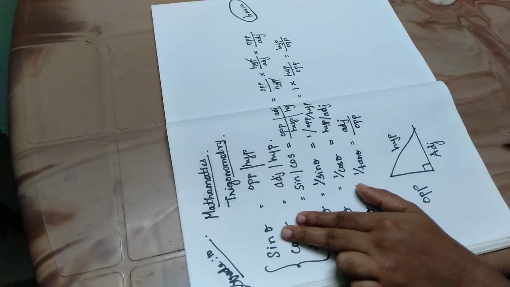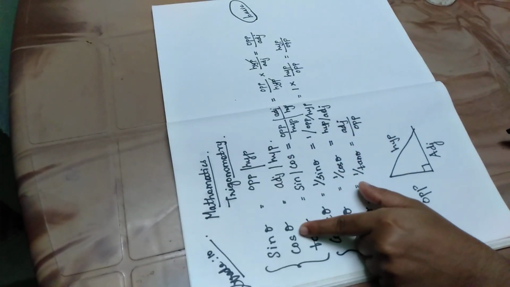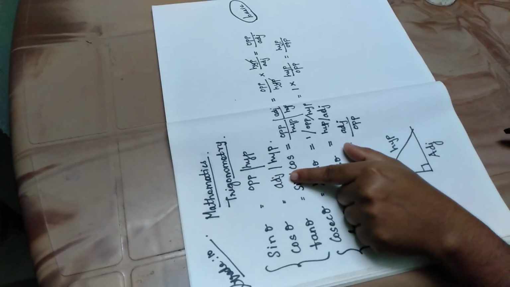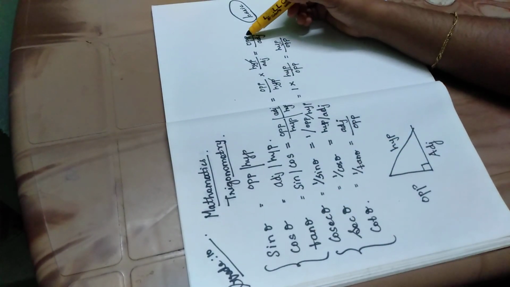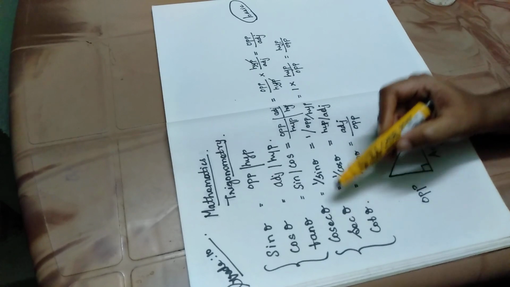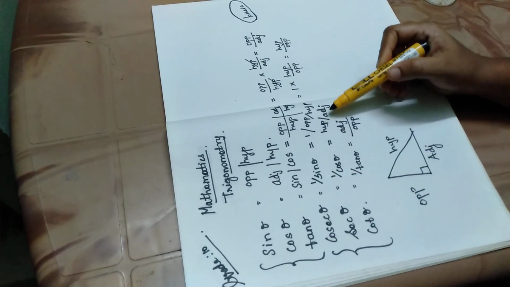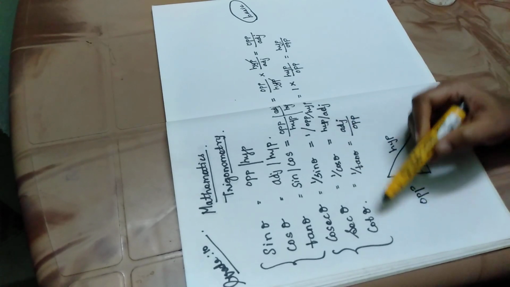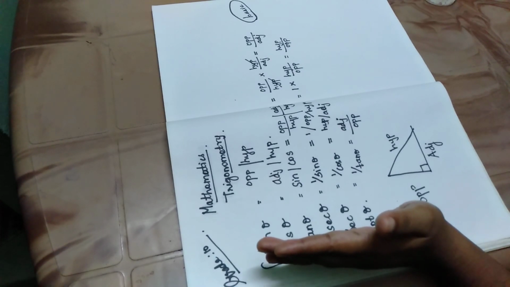Sin theta is opposite side by hypotenuse. Cos theta is adjacent side divided by hypotenuse. Tan theta is opposite by adjacent. Cosecant is hypotenuse by opposite. Secant is hypotenuse divided by adjacent. Cot theta is adjacent side divided by opposite side. These six are the basics.